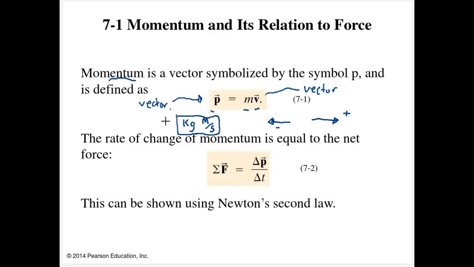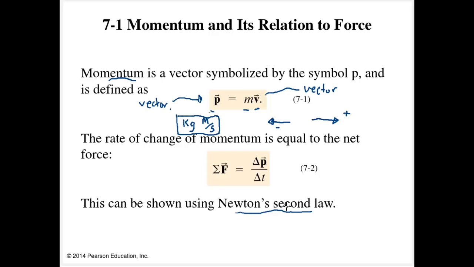So objects that are moving have momentum, and suppose we want to change that momentum. Suppose we want to change their velocity. You know that to do that you need to apply a force. And it turns out that you can start with Newton's second law, right? Sum of forces is equal to mass times acceleration.